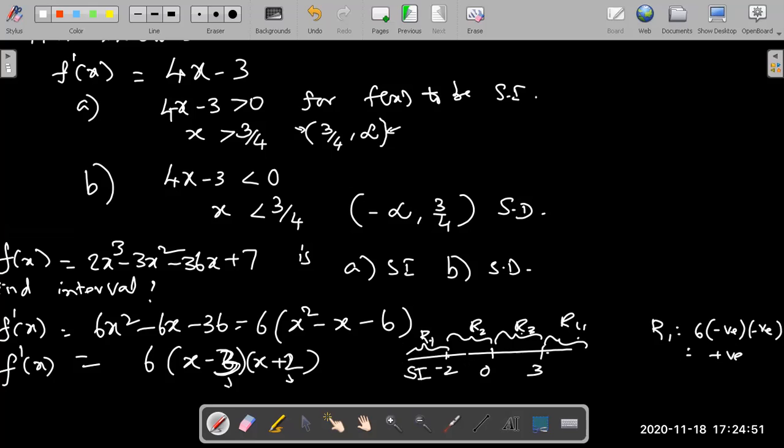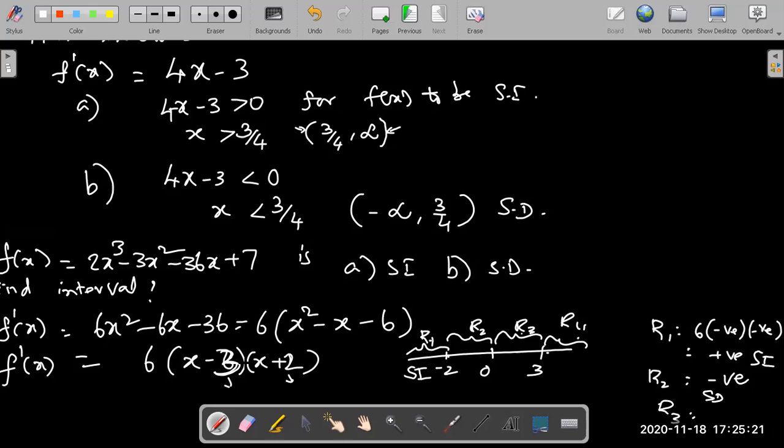Let's consider the next part, region 2. Let's give -1 as the value. Then this is minus, this is plus. So you'll get a negative. This means R2 is strictly decreasing. R3, 0 to 3, give value 1, for example.